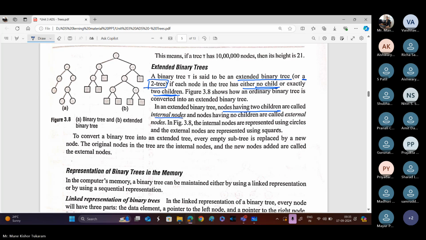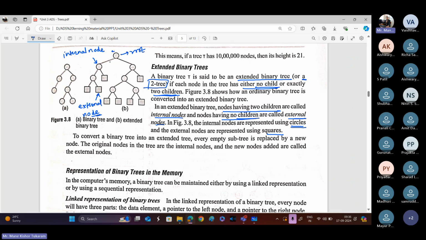So inside the extended binary tree, the nodes having two children are called internal nodes, and these are represented by circles. And the nodes having no children are called external nodes, and these are represented by squares. So we have internal nodes, external nodes, and the root node.